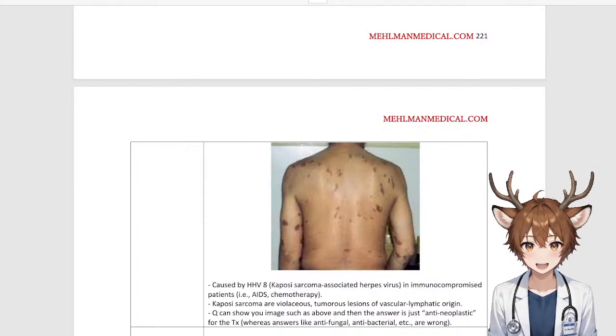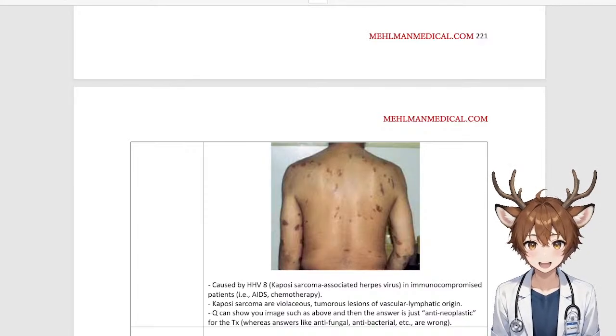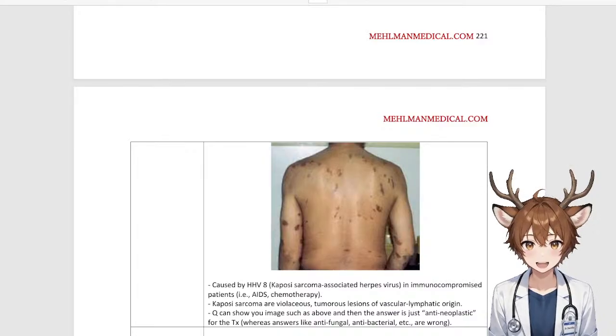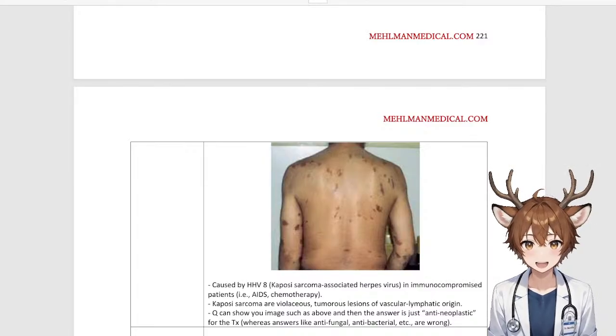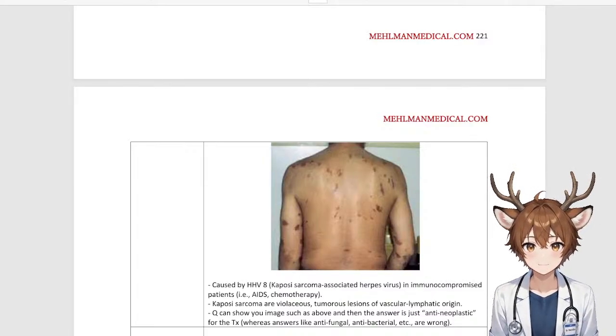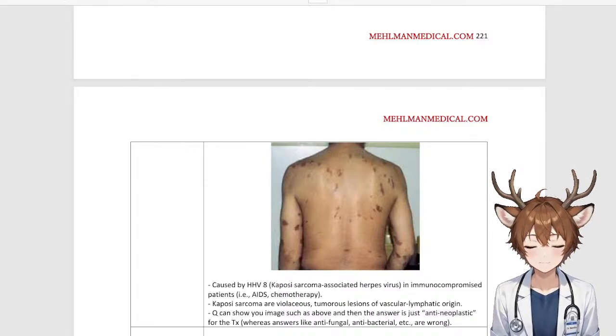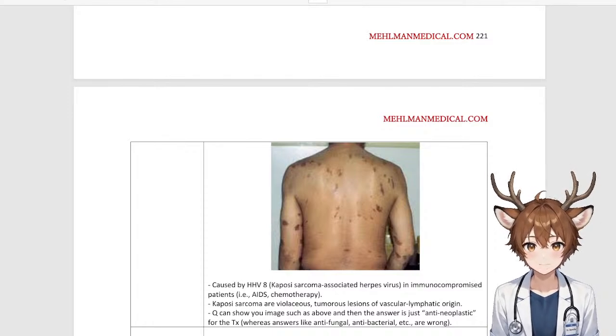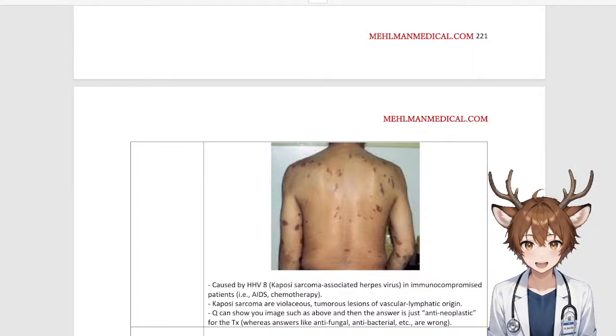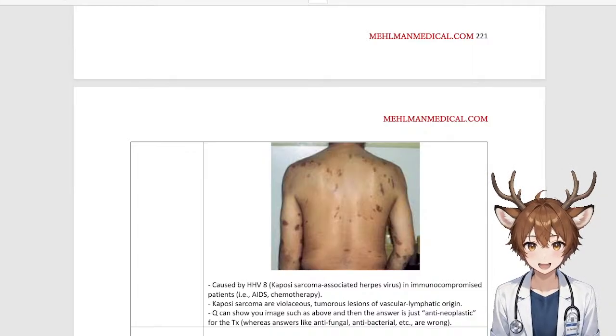A question can show you an image such as above, and then the answer is just anti-neoplastic for the treatment, whereas answers like antifungal or antibacterial, etc. are just wrong. Anti-neoplastic. You say, how could it be a neoplasm? It's because, well, this is what it is. It is a neoplasm. Even though it's induced by a virus, it is a neoplasm in and of itself.